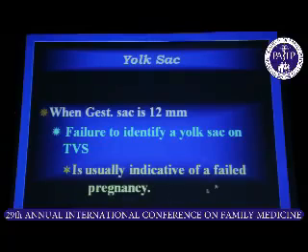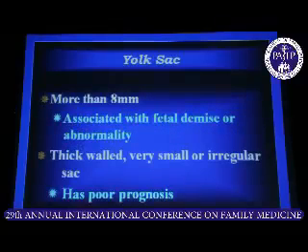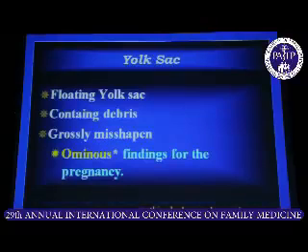If you don't see it, that means it's a failed pregnancy. A yolk sac more than 8 millimeters is also abnormal, and this will also be an abnormal pregnancy. A floating yolk sac containing debris, or grossly misshapen, these are bad signs for pregnancy.